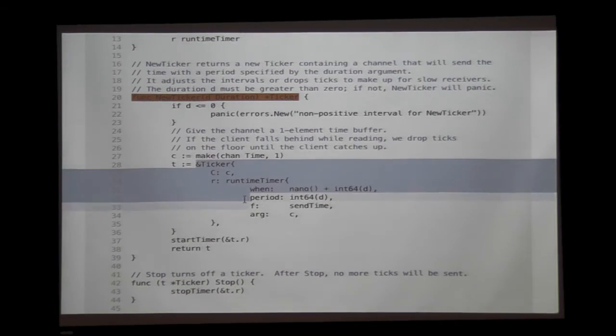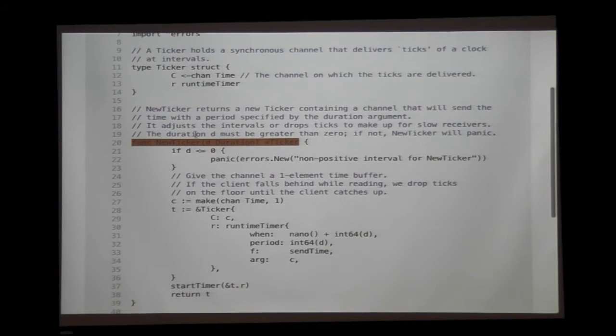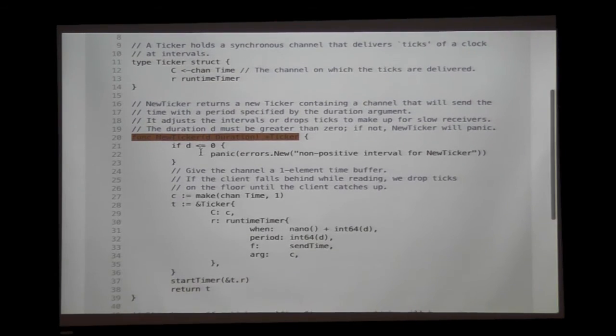You create a Ticker, and an attribute r. Now you guys wonder why we didn't see the r in the documentation. Because of the lowercase. It is unexported, so it's like a private attribute.